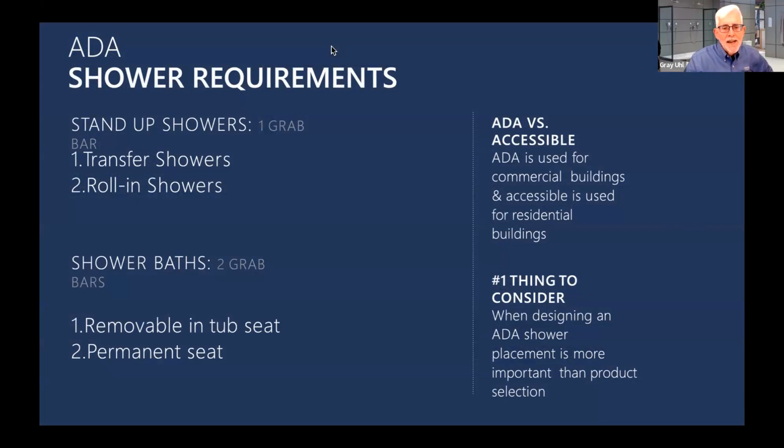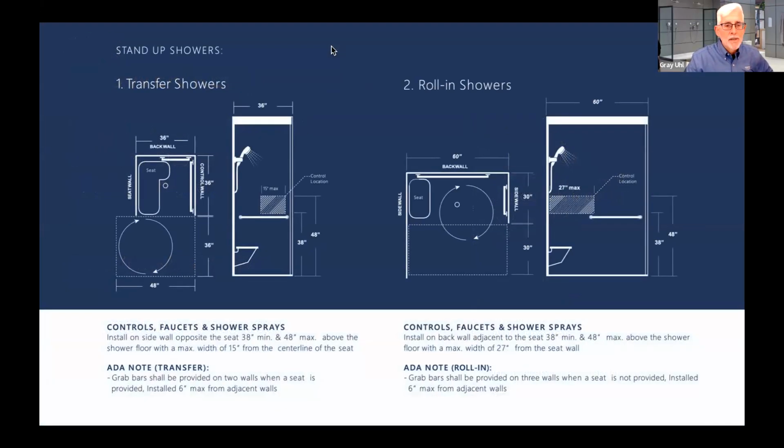When designing an ADA shower, placement is more important than the product selection. Obviously, you want to select the right products, but placement becomes really critical. And again, we are just repeating it: ADA typically is for commercial buildings, whereas for residential, we're looking for more accessibility.